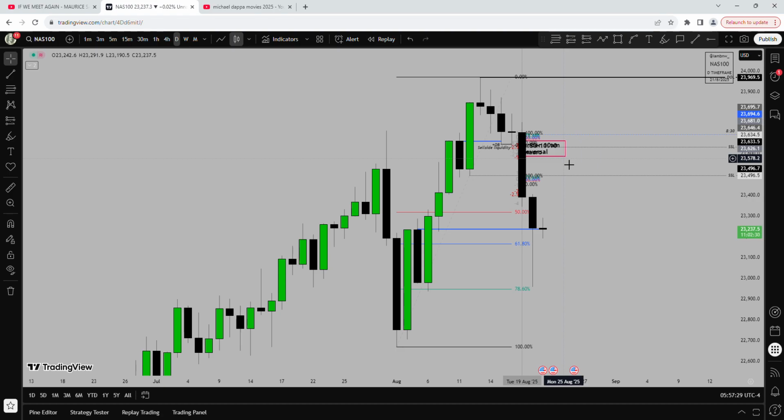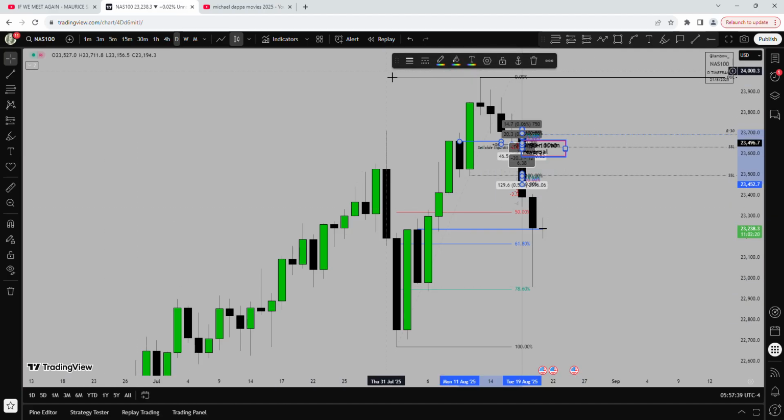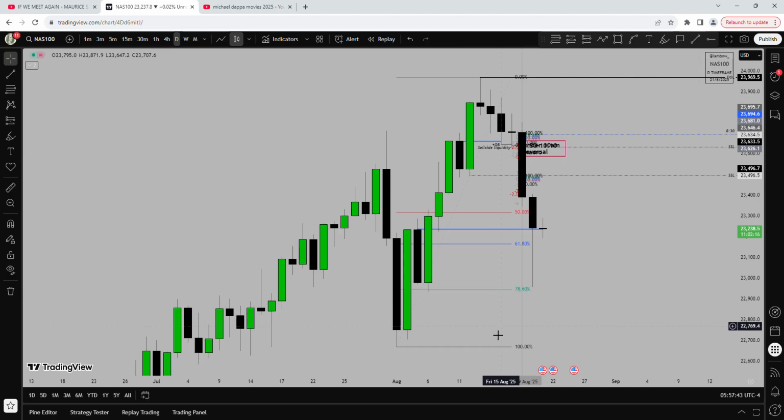That's where I took my trade. So just forget about that area. But I think I should, let me see if I can do something. Can't really do anything. So yeah, this is the order block, and it's below the 50%, which makes it a valid order block, right?